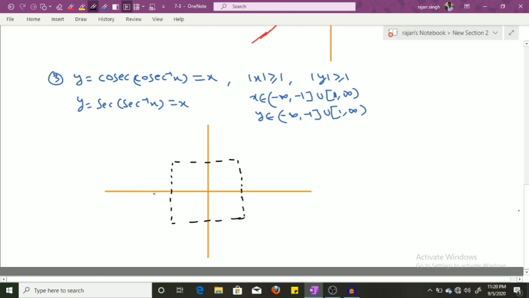See, this is -1, this is 1, this is also -1, and this is 1. So x belongs to what? Minus infinity to -1 means x belongs to only this side, and 1 to infinity this side. In between, from -1 to 1, there is no graph. Same for y. This side and this side, not in between, which means there is no graph inside this rectangle. This thing is clear.